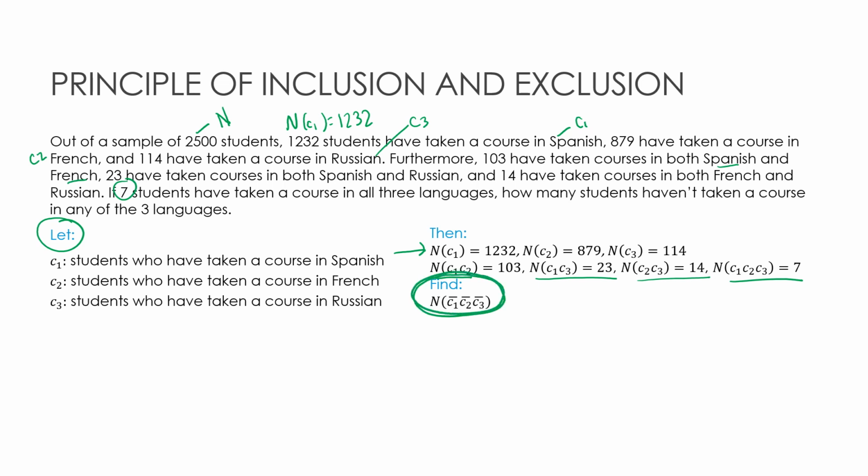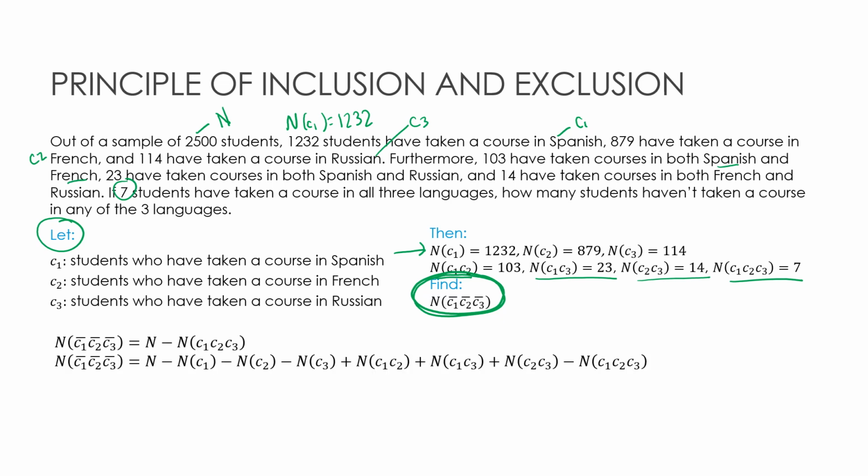Here's our goal. Now, keep in mind that we already have our blueprint for how to find the number of elements not in C1, not in C2, not in C3, which in our Venn diagram would be the part in the box, but not inside any of the circles. So we are essentially finding this. I'm taking the number of elements in the whole set, and I'm subtracting the union of the sets. So we're not writing it as a union anymore.